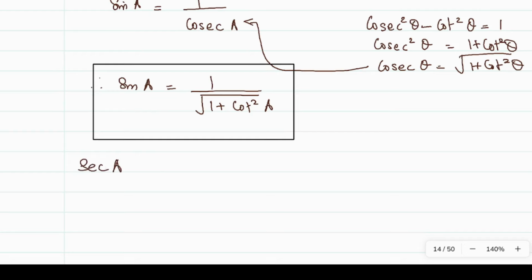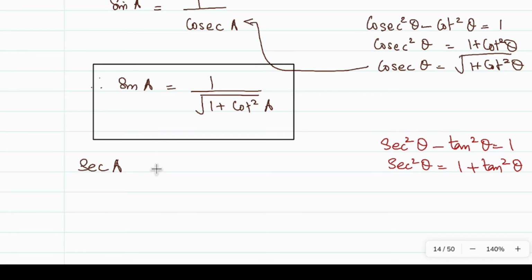Sec A. How to find the value for the sec? Similarly, here also. What is the equation for the sec²? We have learned in the same equation that sec² minus tan² equal to 1. Therefore, sec² equal to 1 plus tan², right?